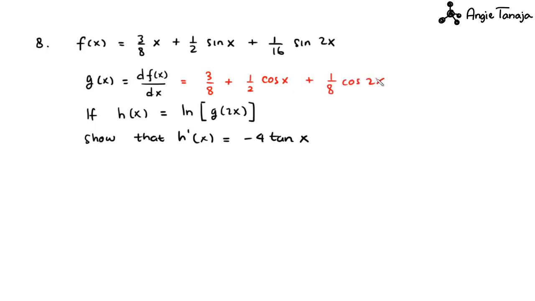Do you agree? Okay. Now let's continue with this one. Let's find the h of x. It is ln of g of x, right? Meaning that all the x must be changed to be 2x. So then this becomes ln 3/8.